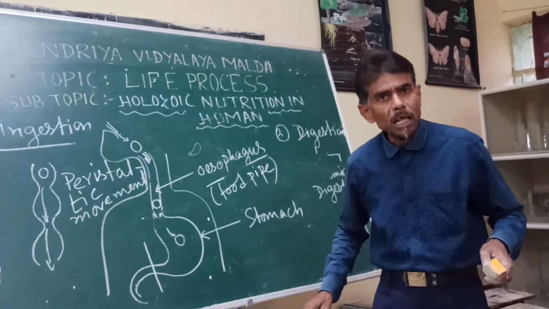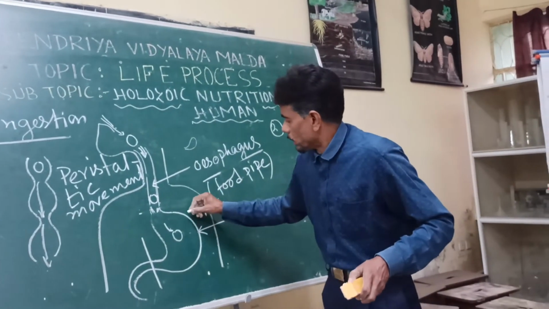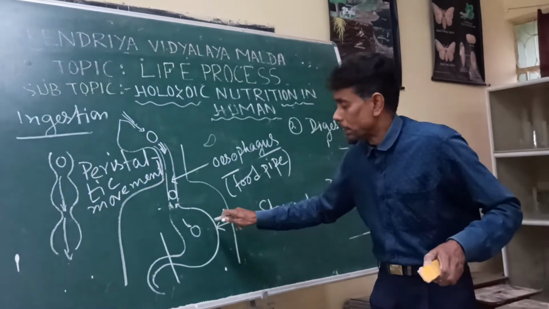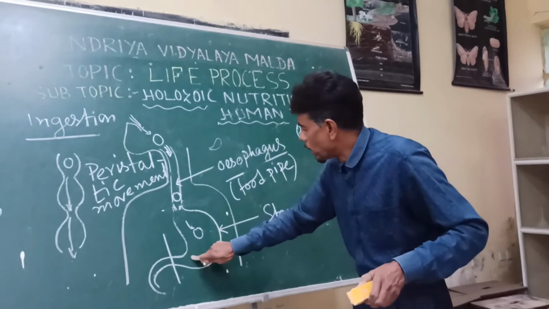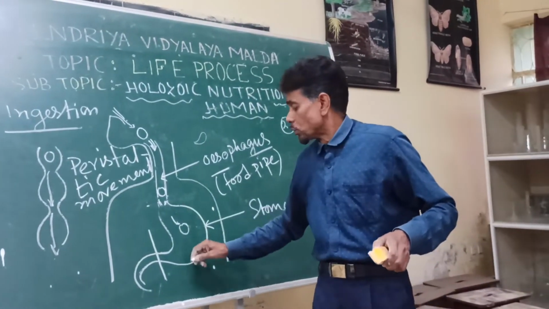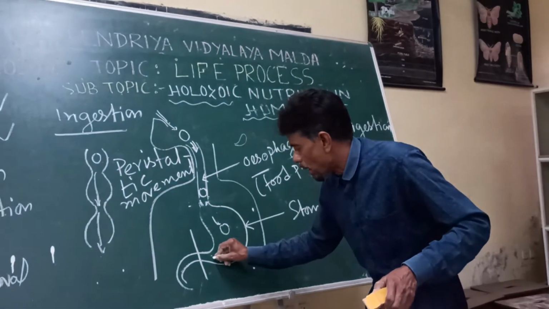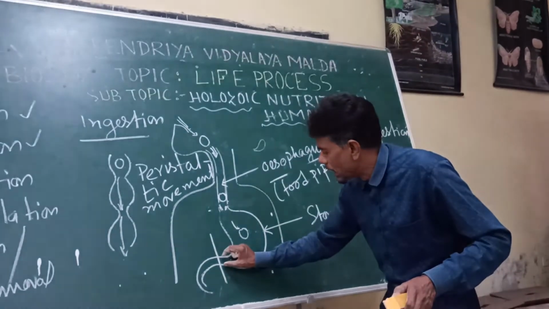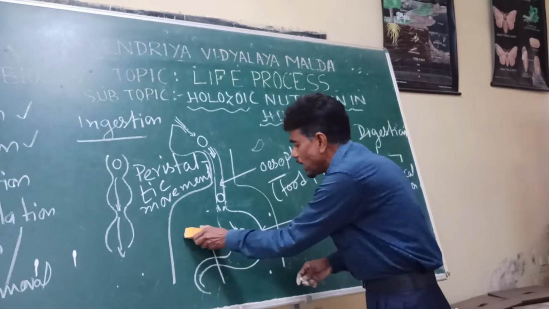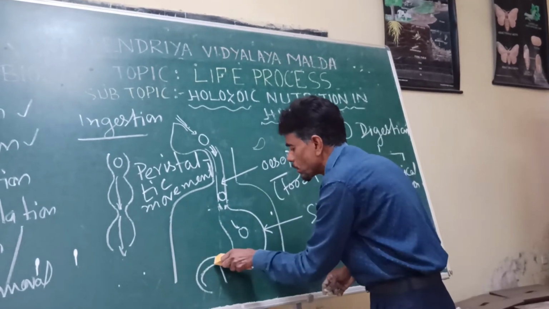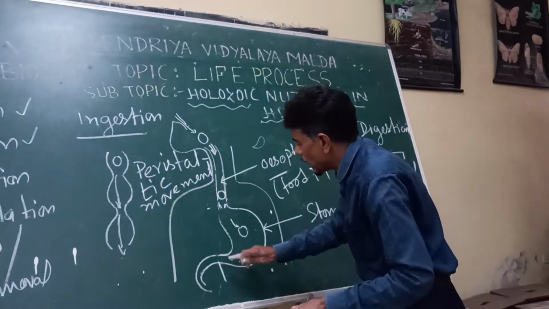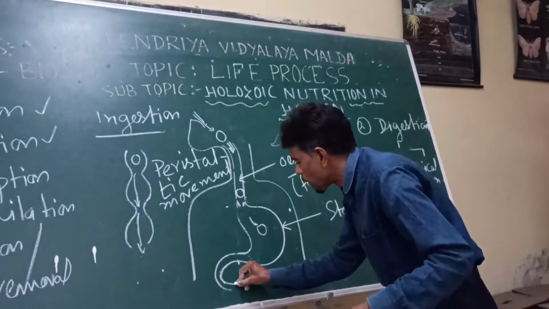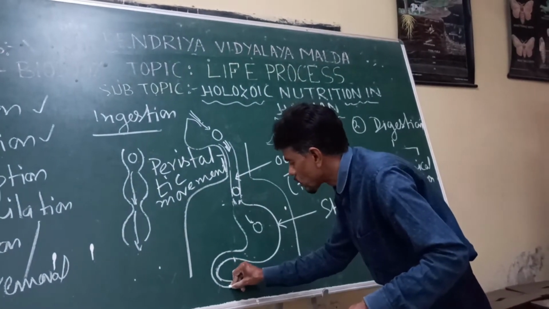The stomach has three parts: the fundic part, otherwise called the fundus, the body, and the pyloric part. The pyloric stomach is the end part of the stomach, which gradually becomes narrow and enters into a U-shaped tubular structure.